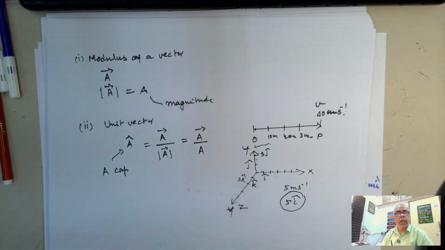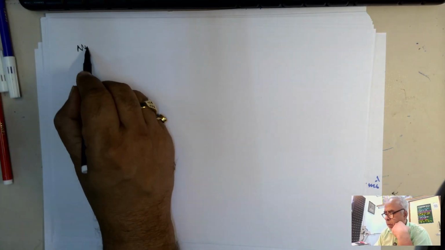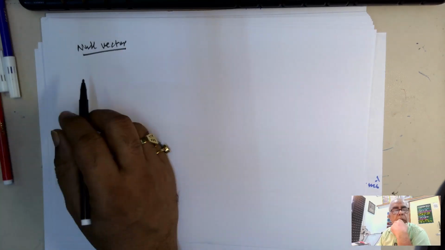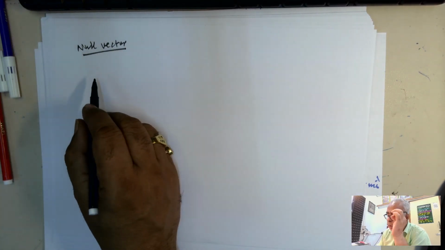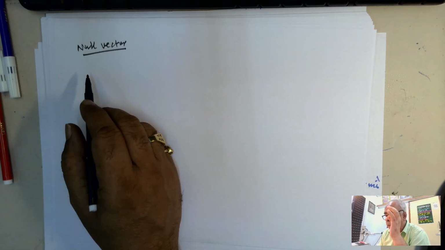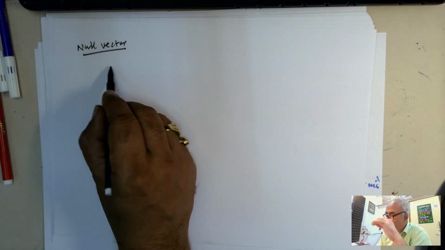Now, null vector. Let us talk about null vectors. The vector with magnitude 0 is called a null vector, but it can take any arbitrary direction. That is why it's called null vector.